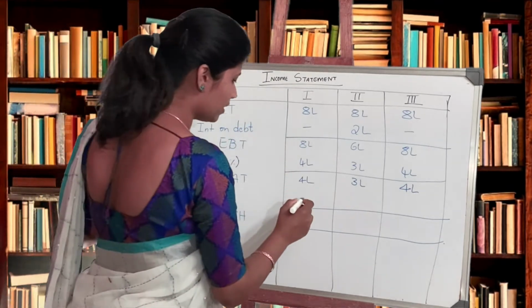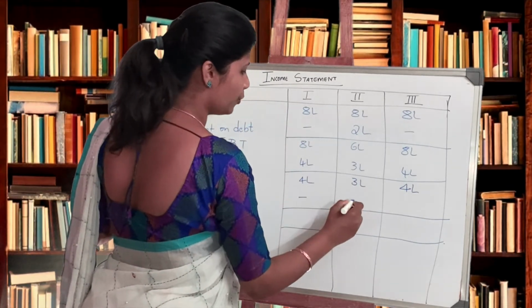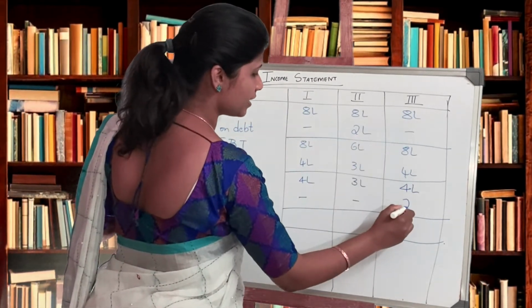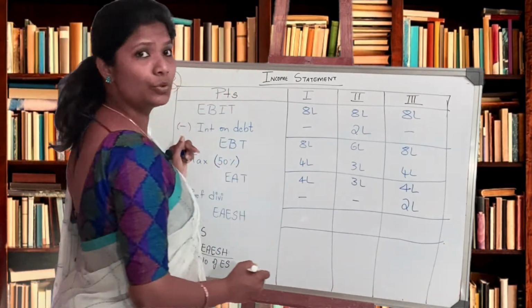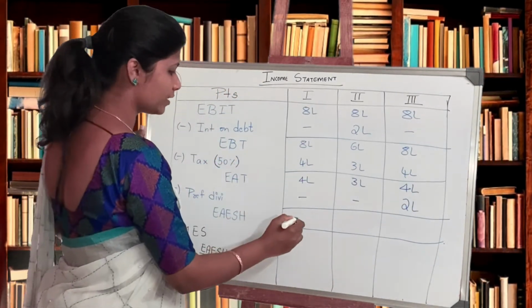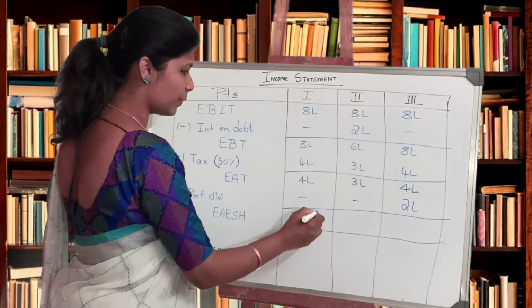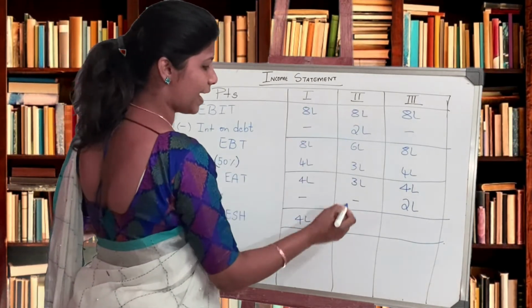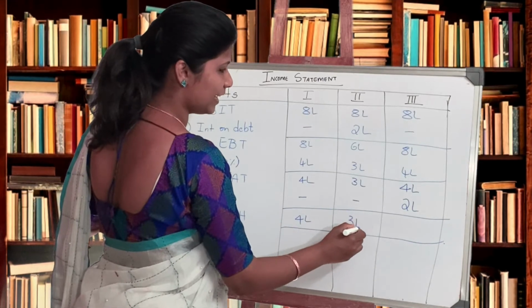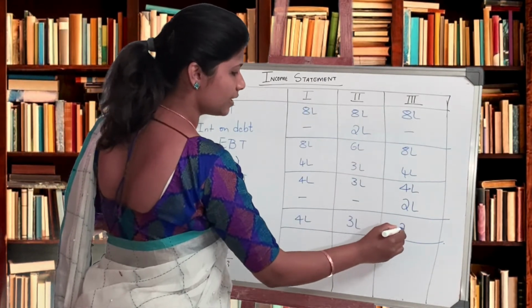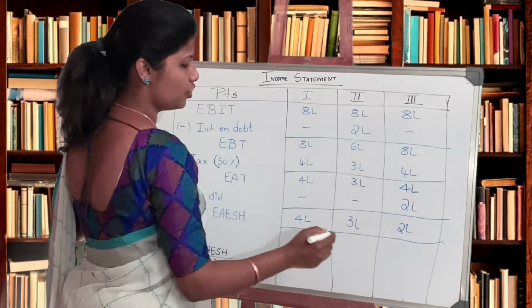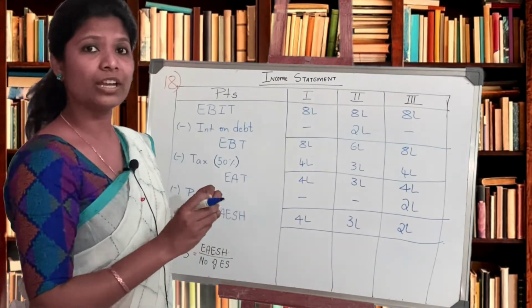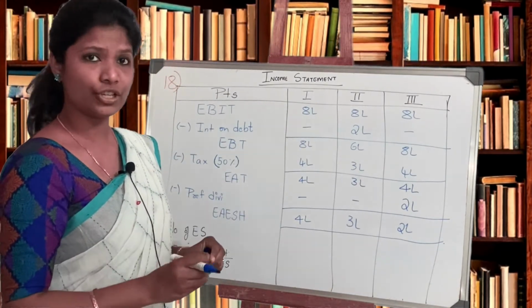So plan 1 is nil, plan 2 is nil, plan 3 is 2 lakh. So when we deduct, we have earnings available to equity shareholders under plan 1 4 lakh, under plan 2 3 lakh, and under plan 3 2 lakh.